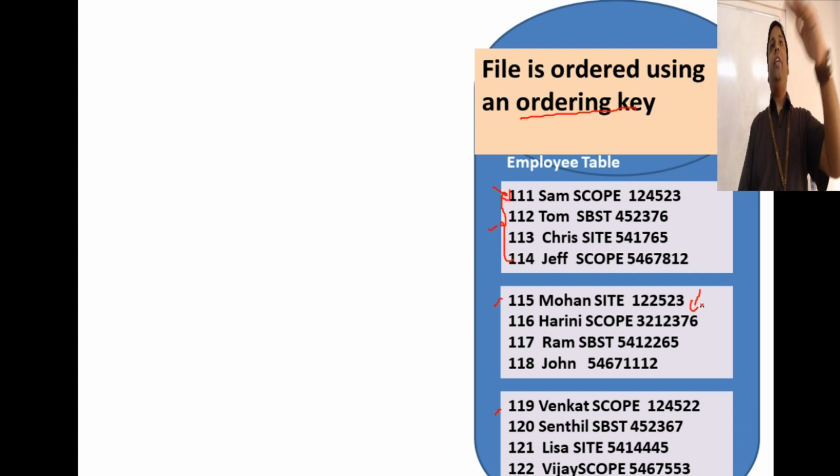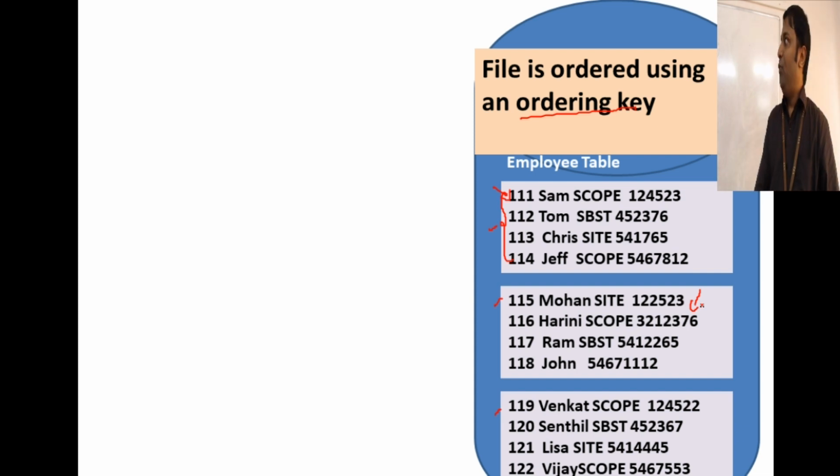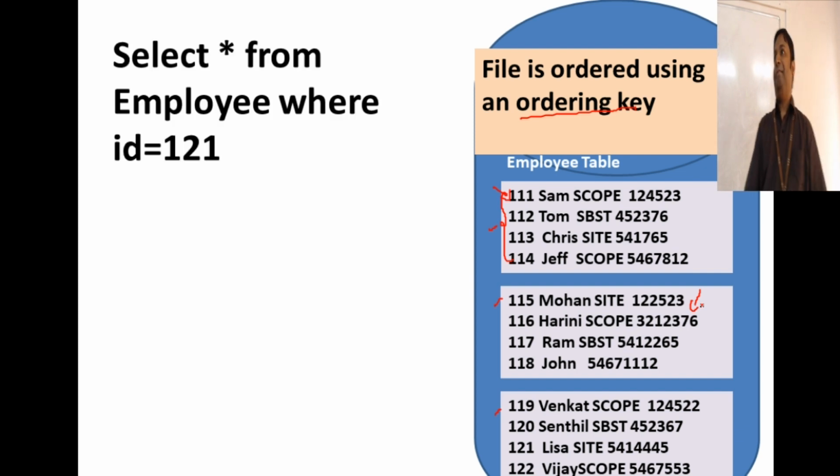If I delete one or two records from a block, then I should be moving records so that I conserve space. And the advantage of this is reading is very fast. When you're reading data in an organized fashion, it will be very fast. Whereas writing will be slow because you have to find a slot to insert that, and then you have to move records.